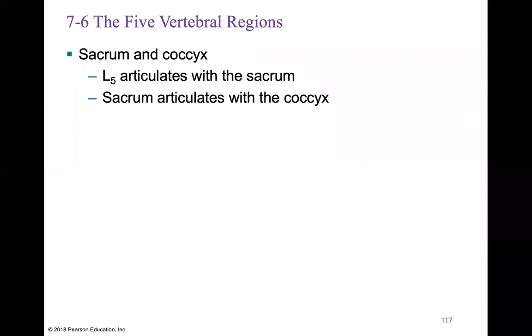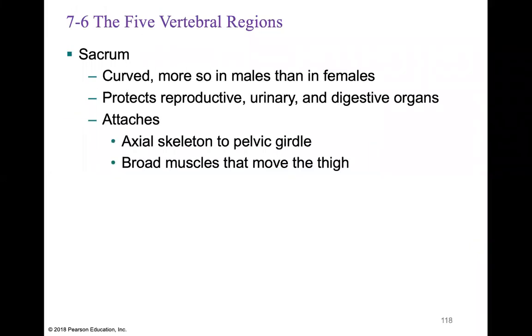The sacrum and the coccyx. L5 will articulate with the sacrum, and the sacrum will articulate with the coccyx. The sacrum is curved, more so in males than females, and it protects the reproductive, urinary, and digestive organs.